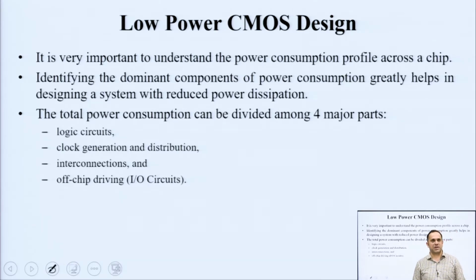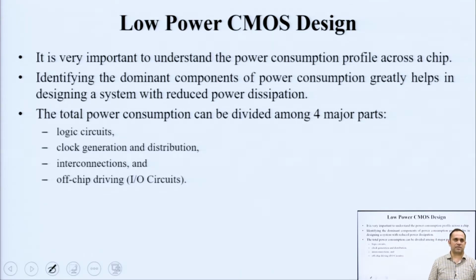Another is clock generation and distribution. Every digital VLSI circuit will require a clock for its operation, whether synchronous or asynchronous. There can be a global clock, and there can be processes which use local clocks also. So, generation of clock signals and routing of those clock signals can also consume power.